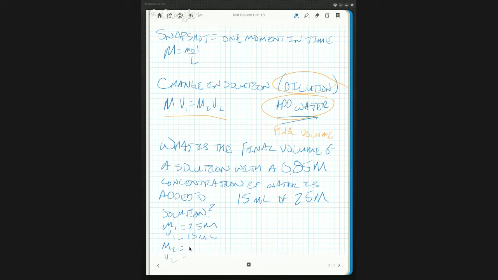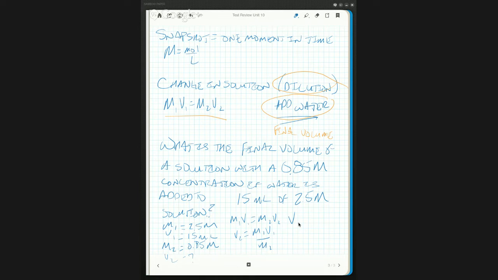The concentration is 0.85 molar, and you're looking for the volume. We have our equation, M1V1 equals M2V2, and we're looking for V2, so that's equal to M1V1 over M2.